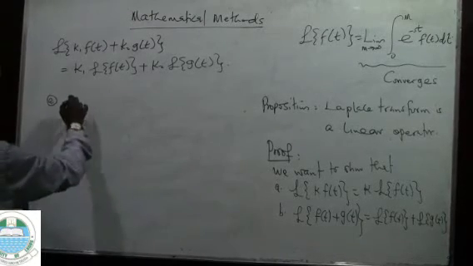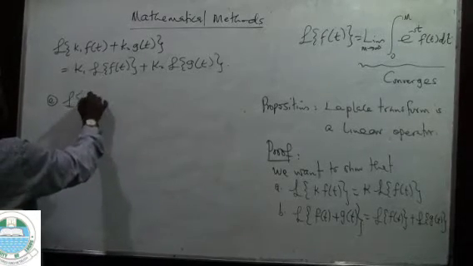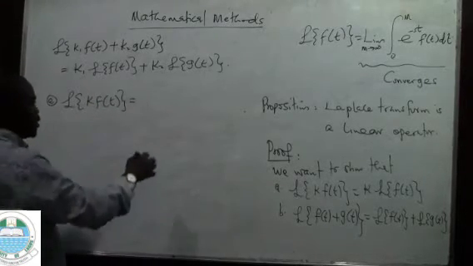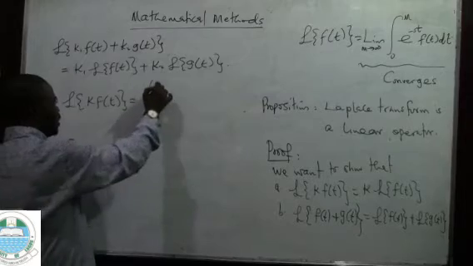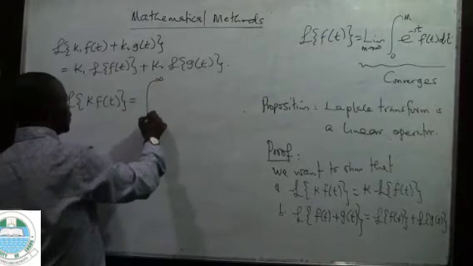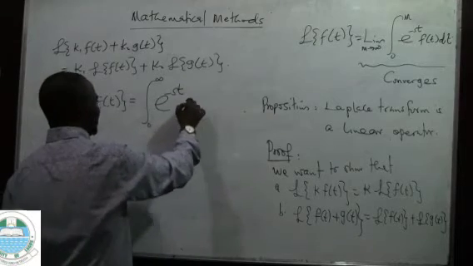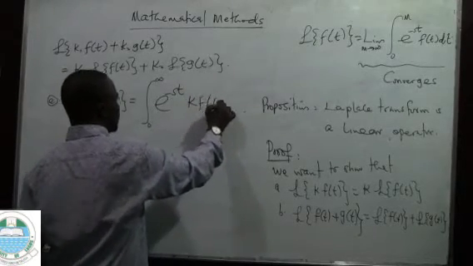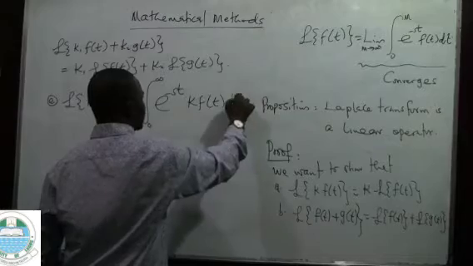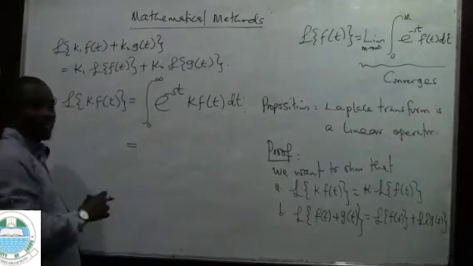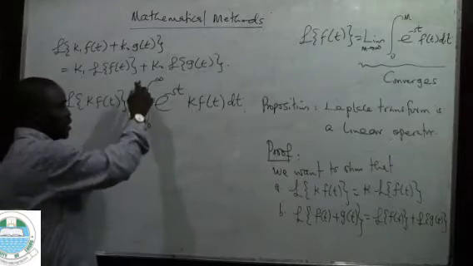A. What is Laplace of k f of t? By definition of Laplace, I can write this as the integral from 0 to infinity of e raised to minus st k f of t, because the given function now is k f of t. And from this, since k is a constant, it can actually move out of the integral sign.